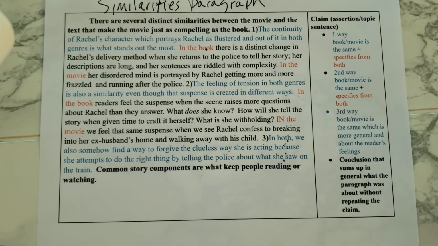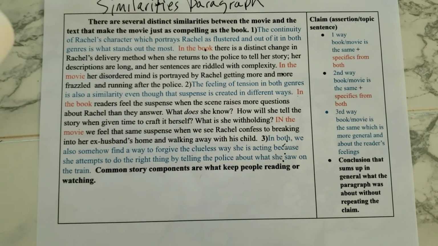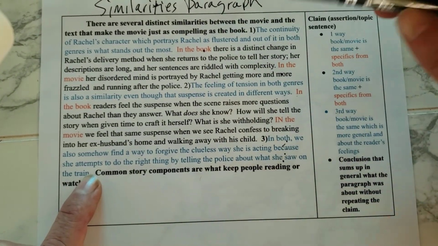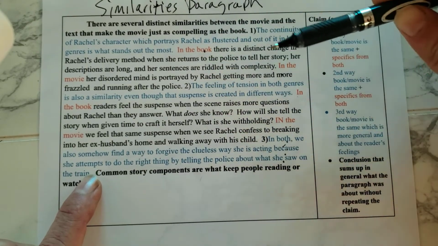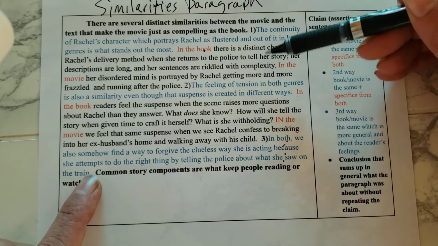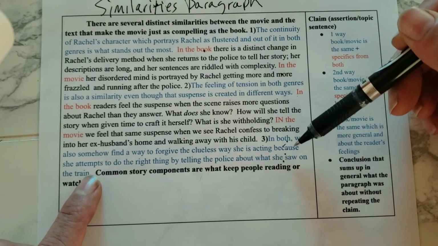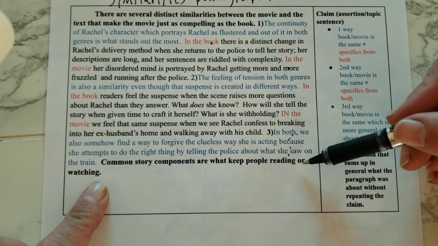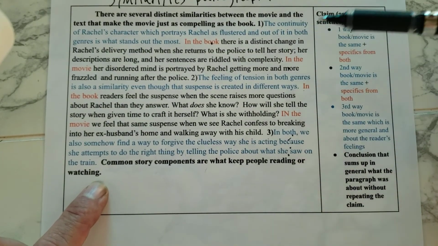That's the same in both. So that was a part of the plot that was the same. And I didn't go in, again, it would have been repetitive to just do book, movie, book, movie, book, movie. So in this one, this was enough. And so I just put the similarity. Then you have a concluding sentence, which just sums this up.